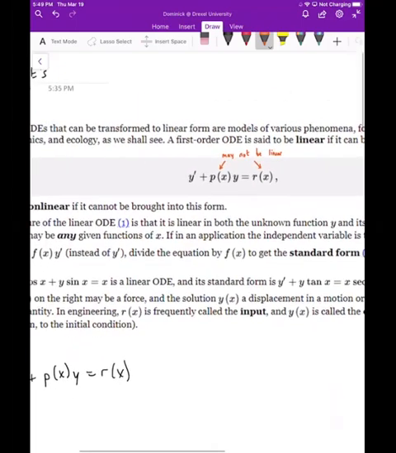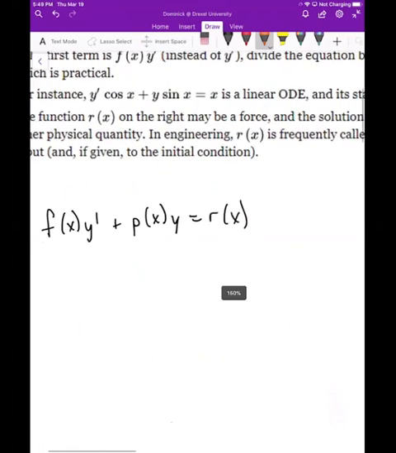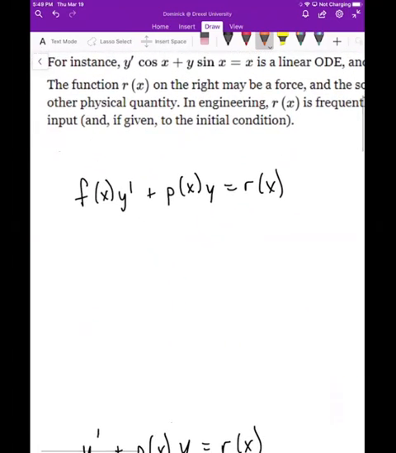Now, of course, it may not be presented to you right away in that form. It may be presented in a form that looks more like this, but what you would do in that case is divide through by your f of x, so we would have y prime plus p of x over f of x times y is equal to r of x over f of x, and that's what we would consider as our new form.